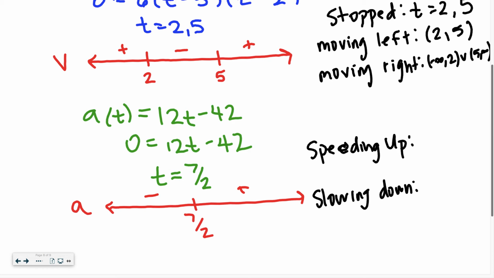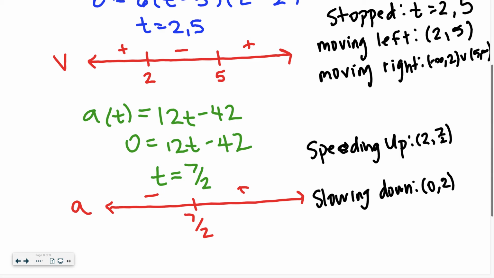Okay. So we would be slowing down from 0 to 2. But then at 2, we change to negative velocity. So from 2 up until 7/2, we have negative velocity and negative acceleration, so we would be speeding up.